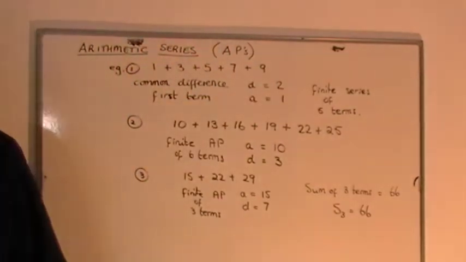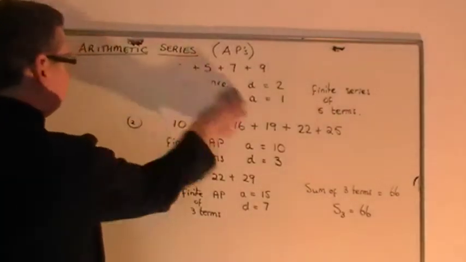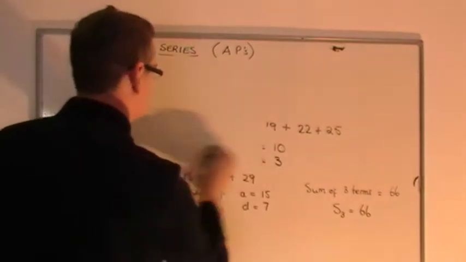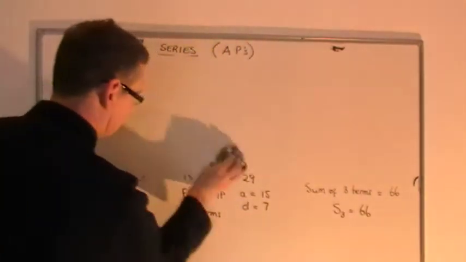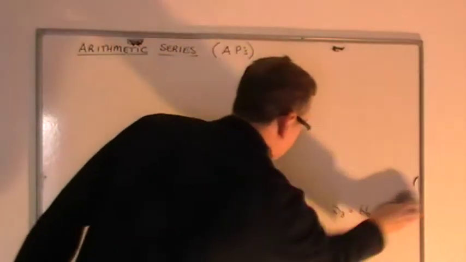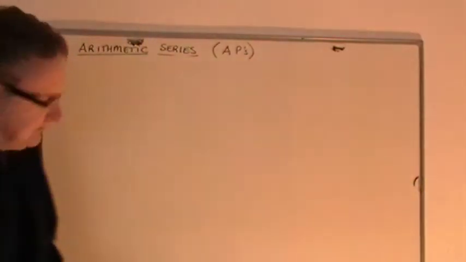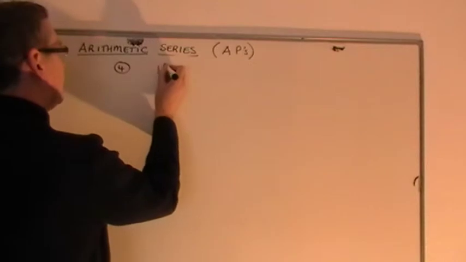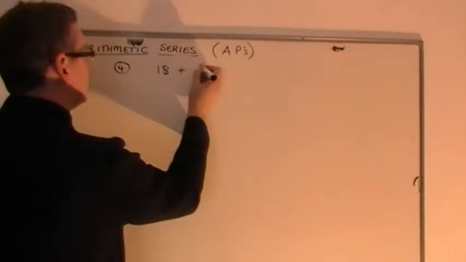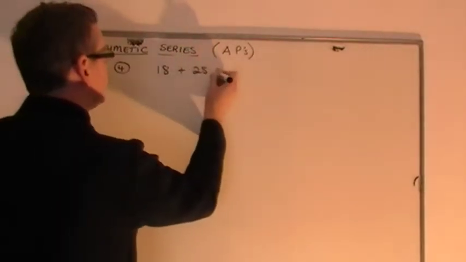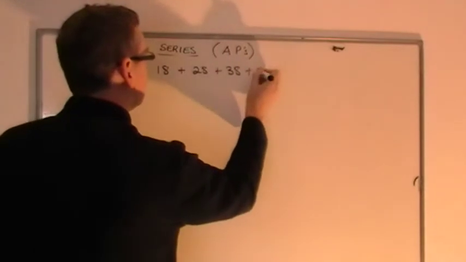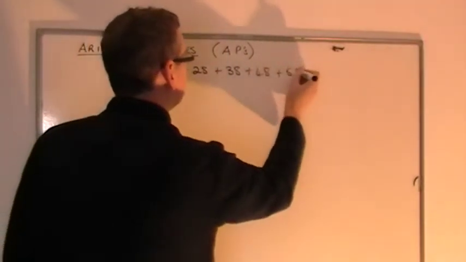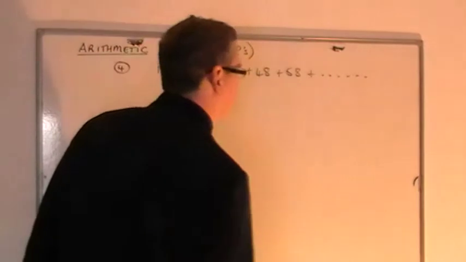Now in some situations, the series that we're talking about might be something like number 4: 18 plus 28 plus 38 plus 48 plus 58, and it just goes on forevermore, dot, dot, dot.